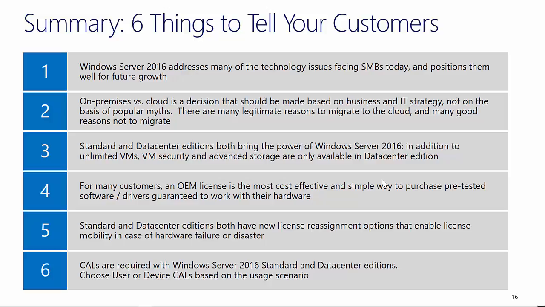Now, when you look at some of the more advanced capabilities in Windows Server 2016, these are only available in Data Center Edition, like we had in 2008 R2 and earlier. Now, OEM licenses are generally the most cost-effective way to obtain good working installations, and as number 5 states, you've seen that we do have some new license reassignment rights. And finally, CALs are required with Windows Server 2016 Standard and Data Center. Choose user or device CALs based on the approaches you would have taken in the past.